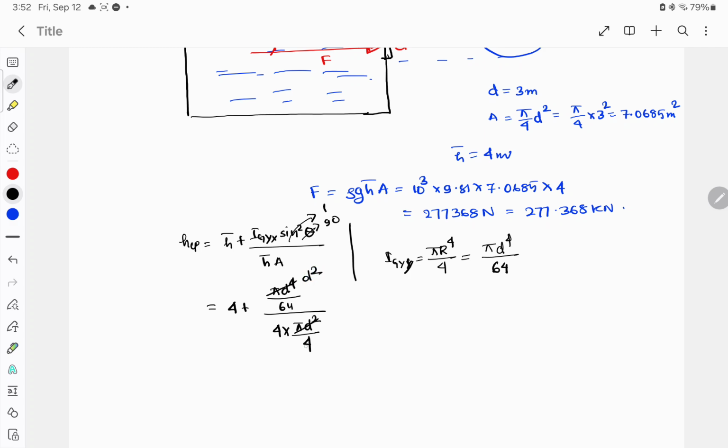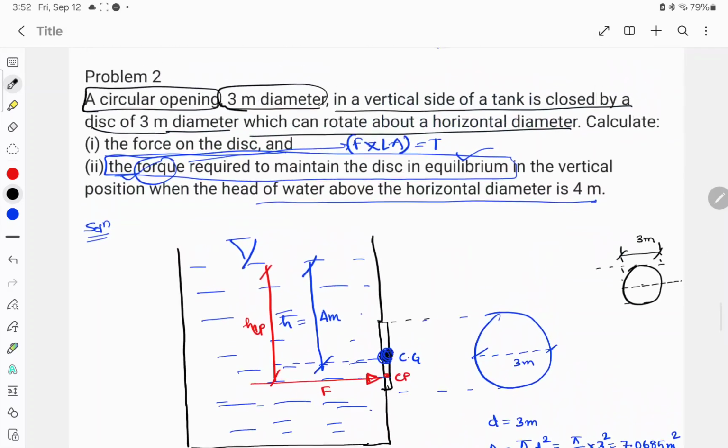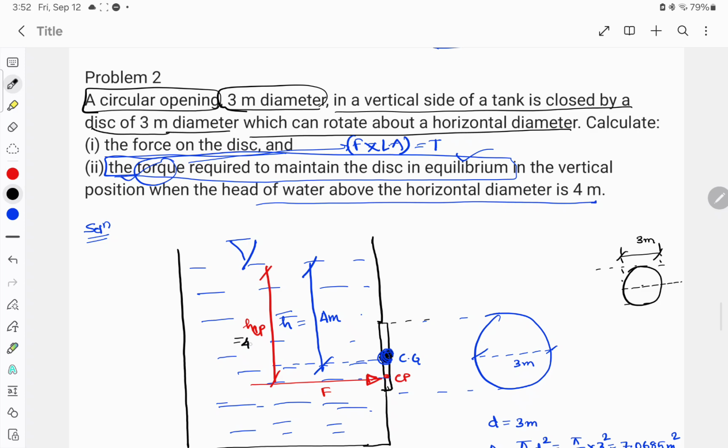Okay, this 4 will cancel. So 4 plus d square means 3 square divided by how much? 64, right? 64. So eventually it will come out to be 4.14 meter. So this distance is 4.14 meter.